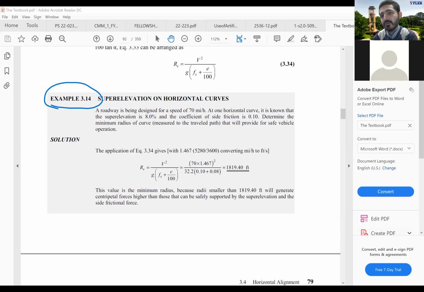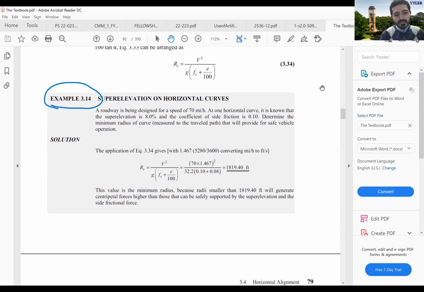Let me share the screen. Okay, so you should be able to see. Can everyone see the textbook that I'm sharing? Yes. All right. So this is one of two examples that I want to share with you today, and we are gonna calculate it ourselves and see if we can get it right. So the first example is example 3.14, and it has to do with the super elevation horizontal curve.